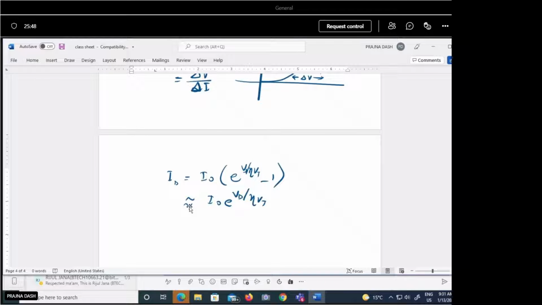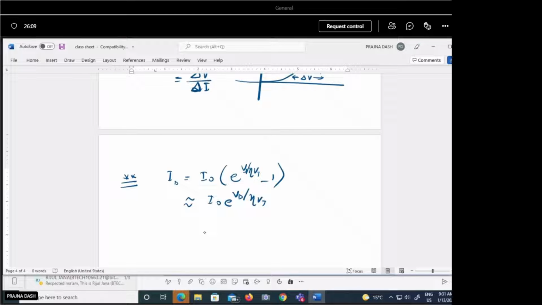So here we can differentiate it. So if you just take the differentiation, for the forward biased case, if you find the value of V by eta Vt, okay, this is an assignment for you. I'm just giving the hints. Just try yourself.